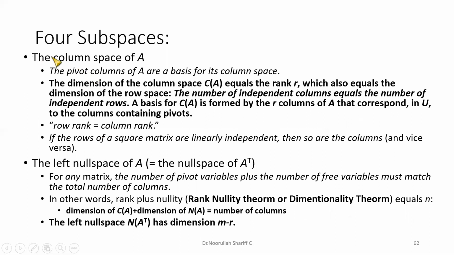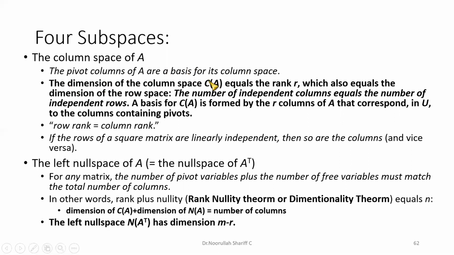The column space is the one which we have considered in detail till now. The pivot columns of A are the basis of its column space. So A might have pivot columns as well as free columns, and the pivot columns will form the basis for the column space.